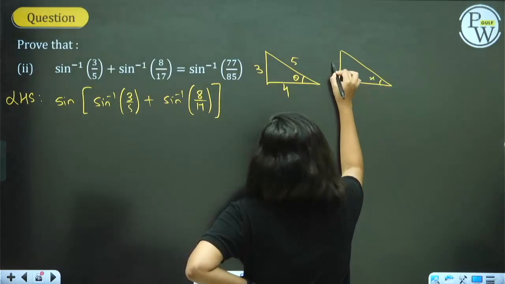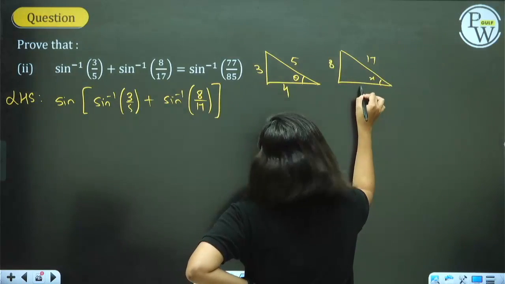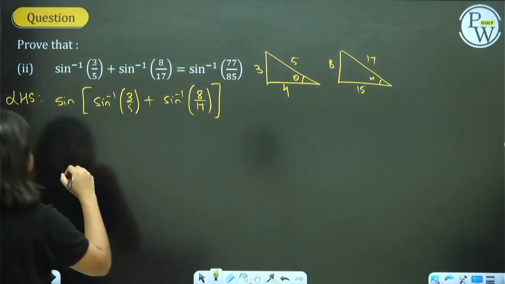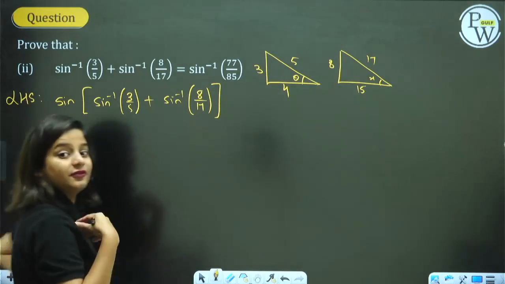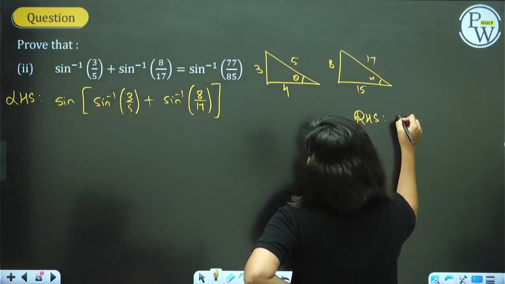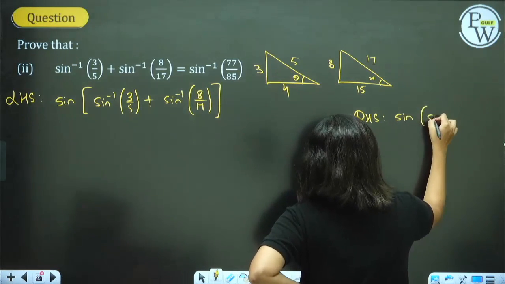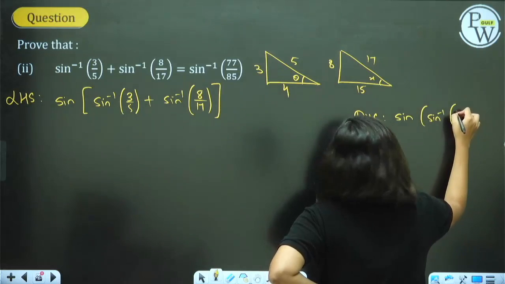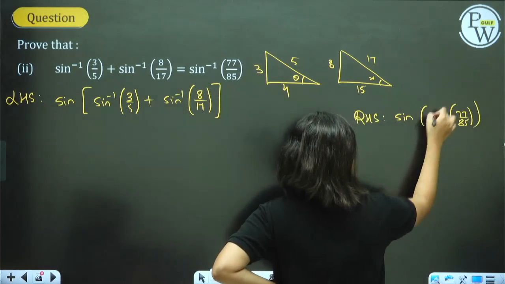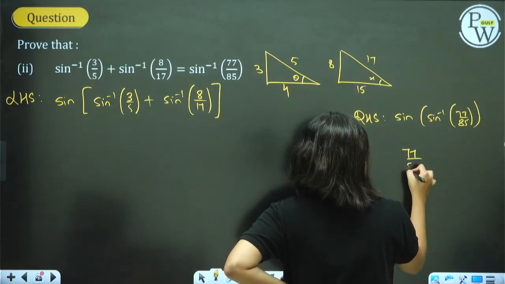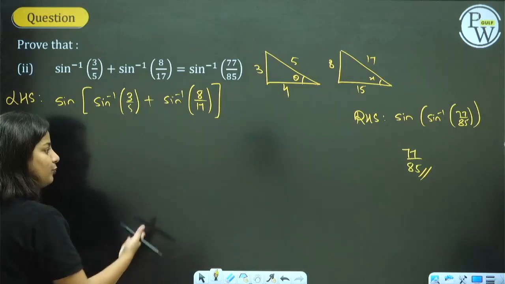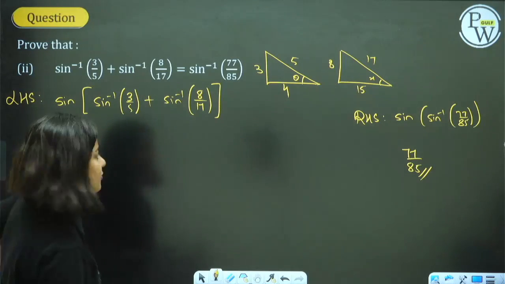Another triangle, 8, 17, this will be 15. I have added sin on my own in the LHS, so on the RHS also you will have to take sin. Sin inverse goes, so RHS is 77 by 85. Let's try to bring LHS also equal to 77 by 85.